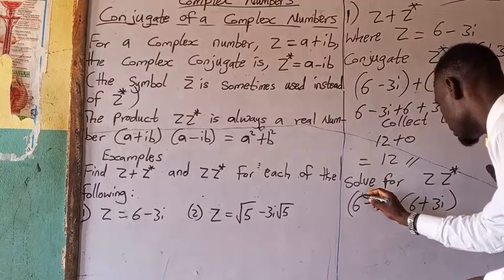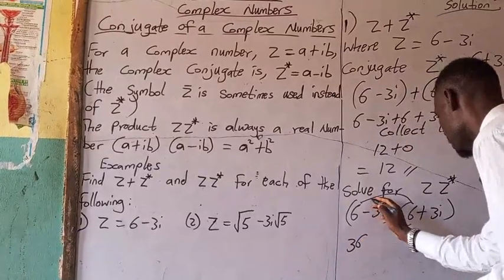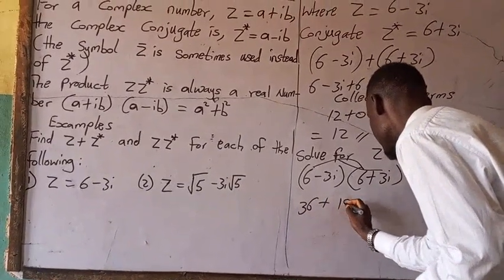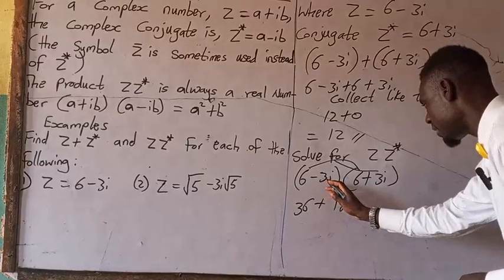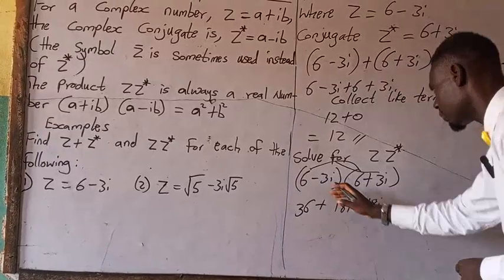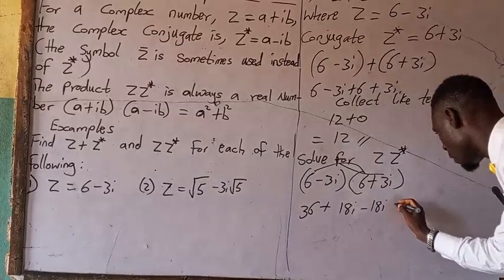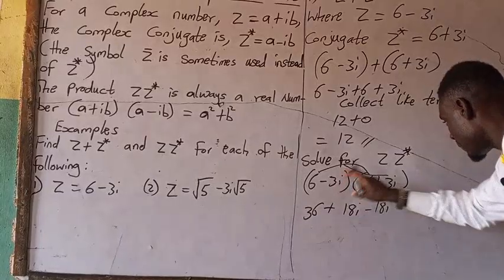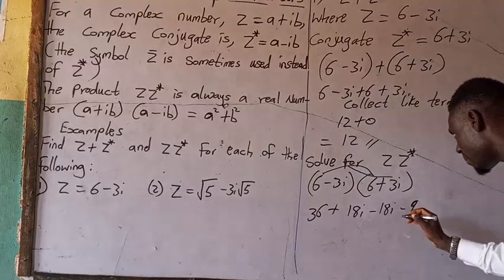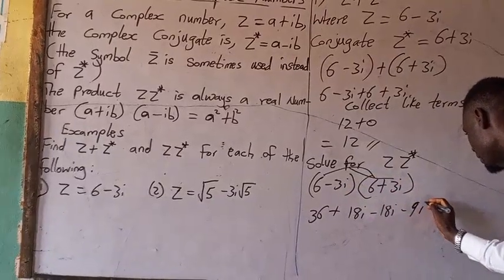When you times it, 6 times 6 will give us 36. 6 times 3i will give us plus 18i. Minus 3i times 6 will give us minus 18i. Minus 3i times, now watch, this is what happens here. Minus 3i times 3i will give us minus 9. Now remember, the i is also multiplying the i, so you have i squared.